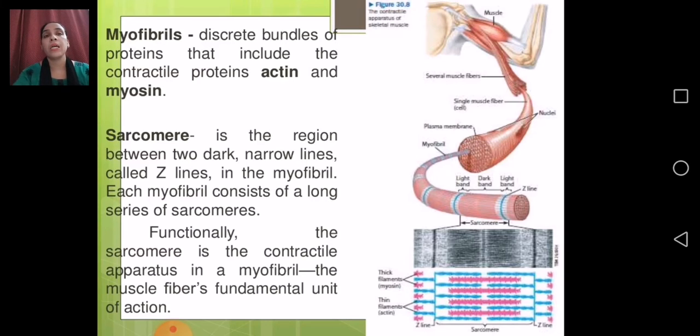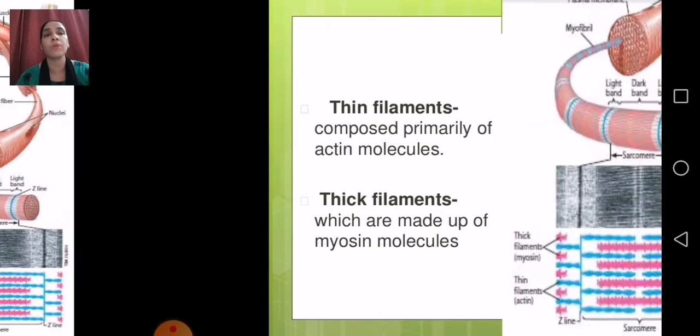Sarcomere is the region between two dark narrow lines called Z lines in the myofibril. Each myofibril consists of a long series of sarcomeres. Functionally, the sarcomere is the contractile apparatus in a myofibril, the muscle fiber's fundamental unit of action.